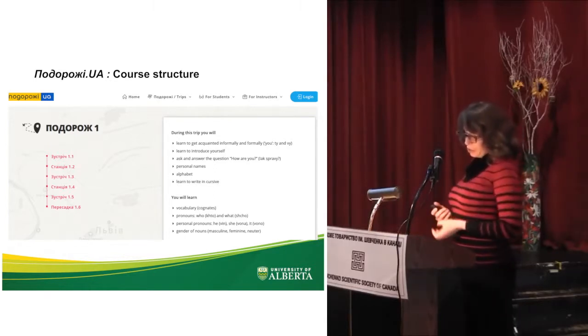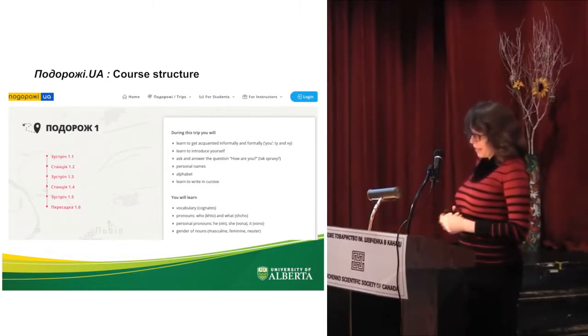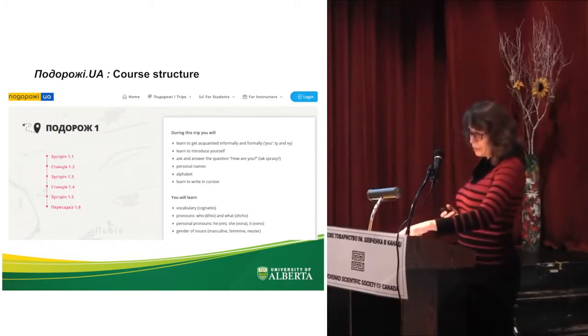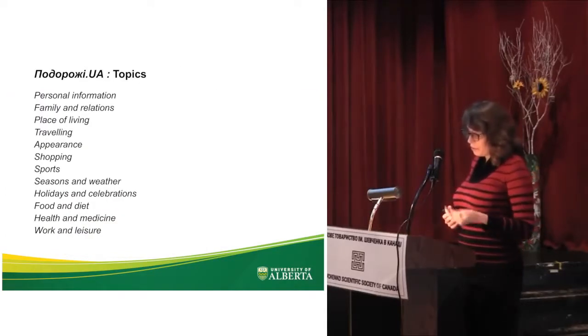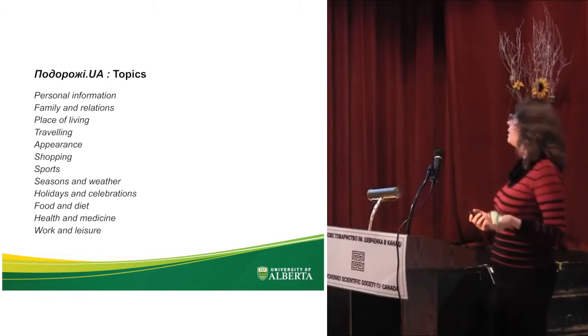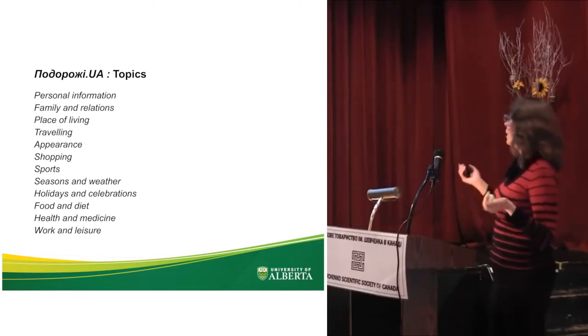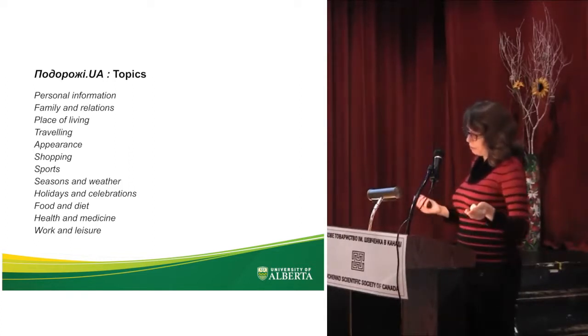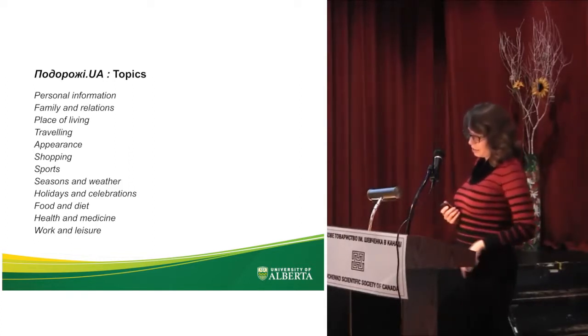As previously mentioned, the resource is thematically organized into 26 units and focuses on a number of topics normally found in a beginner's language textbook. These include personal information, family relations, places of living, appearance, shopping, and some others. So these topics are usual for any beginner's language textbook.